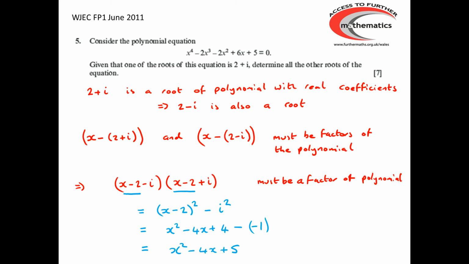In other words, we multiply out to obtain x squared minus 4x plus 5. So we've seen that 2 plus i being a root means that 2 minus i is also a root, and those two things together tell us that x squared minus 4x plus 5 must be a factor of the polynomial.